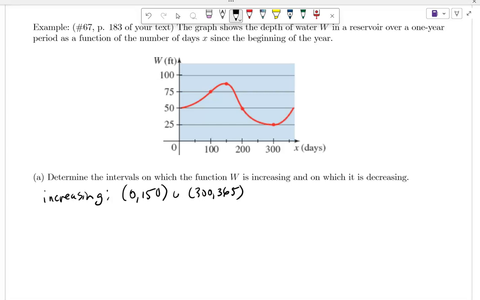So would it be incorrect if you did 0 to 100 then 150? It's not really incorrect, except that it continues to go up through 100, so we don't need to do that. But it's not bad. Yeah, you're fine. Where do we see decreasing? 150 to 300. Good. That okay with everybody for increasing and decreasing?